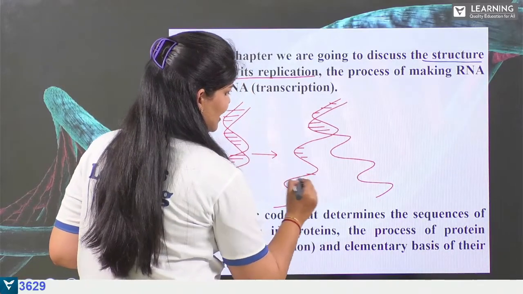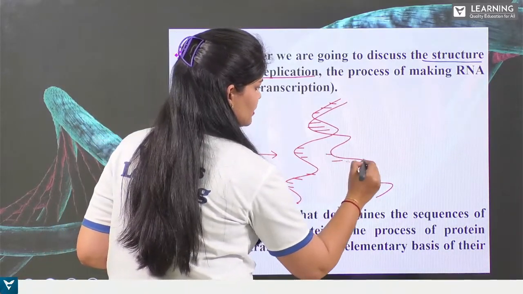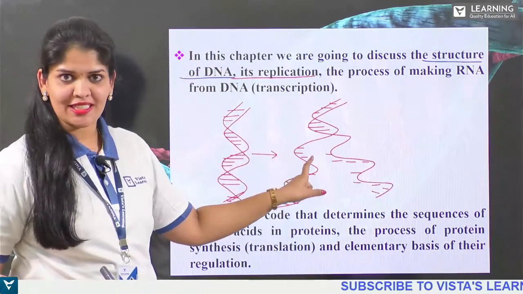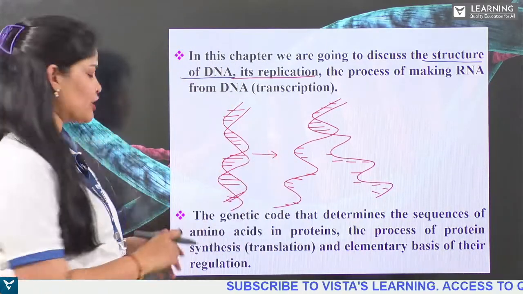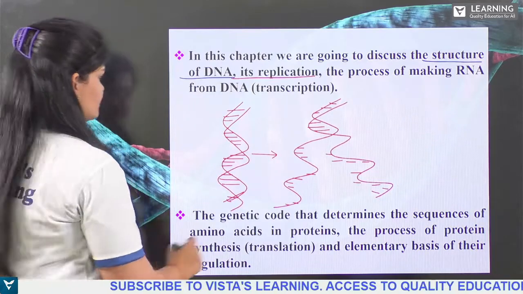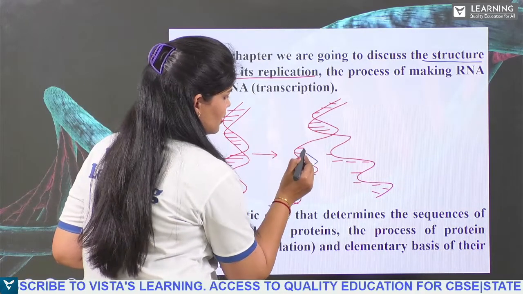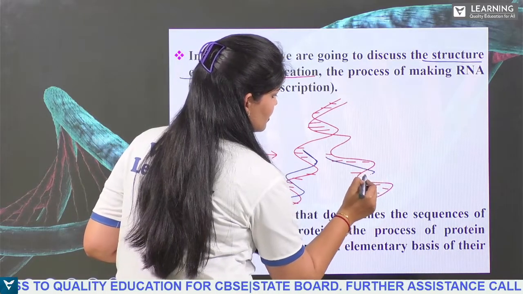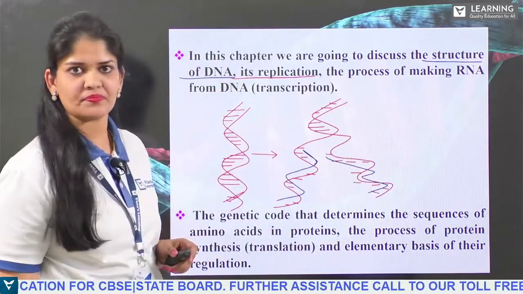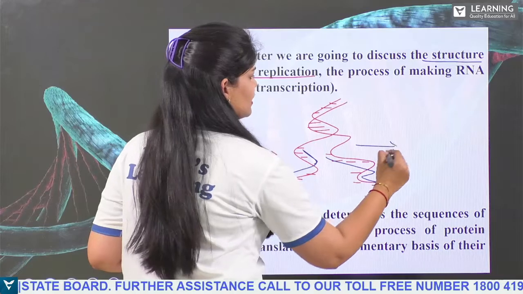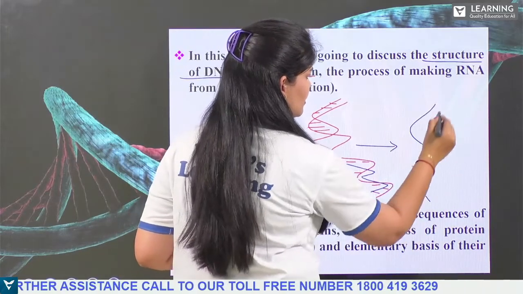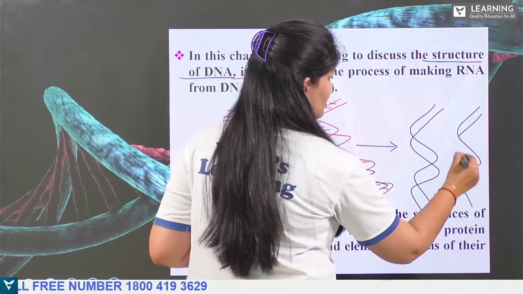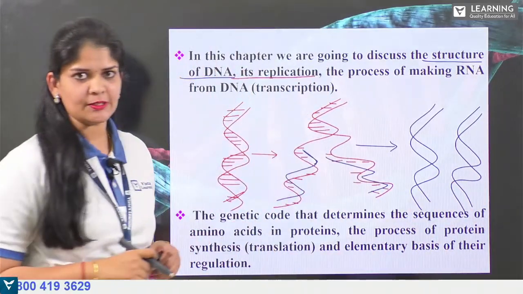Now each single-stranded DNA, that is the parent DNA, will act as a template for forming the daughter DNA, and finally it leads to copies of DNA.